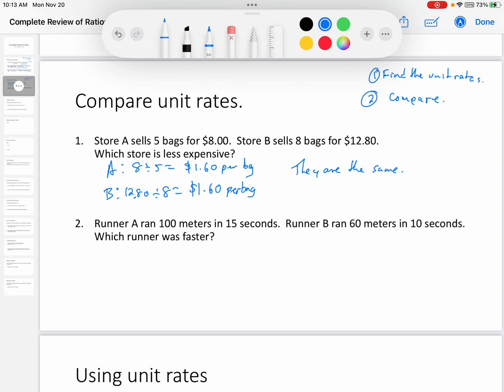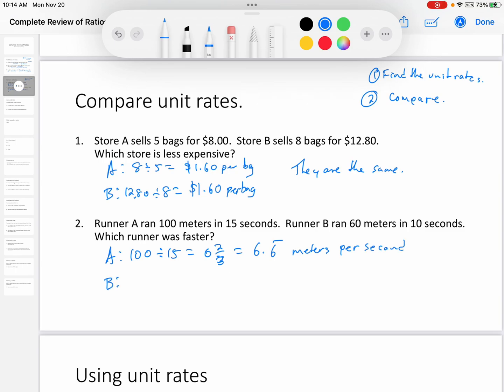So runner A, 100 divided by 15 is 6 2/3, or you could write 6.6 repeating, meters per second.